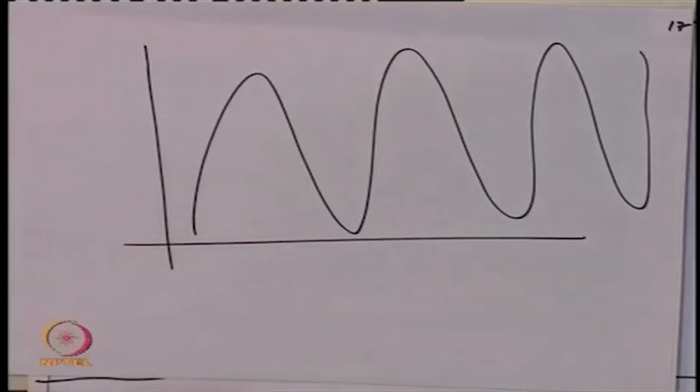Strictly speaking, there is some difference between periodic activity and any other repeating or oscillating activity. We will come to the strict definitions of what is periodic and all that later.